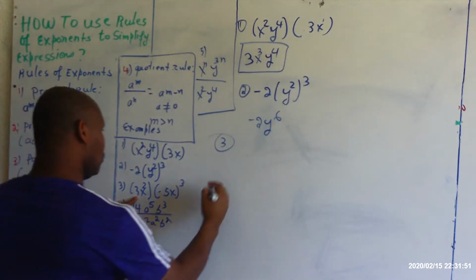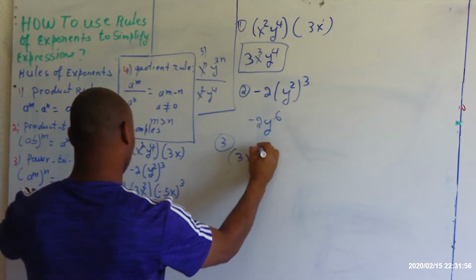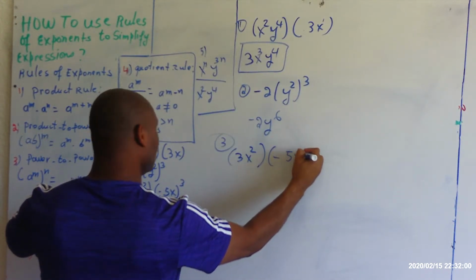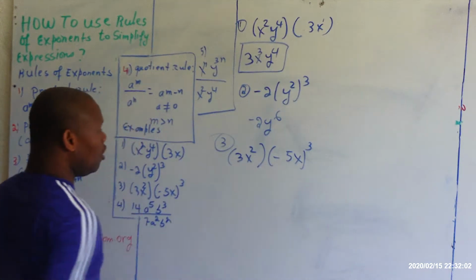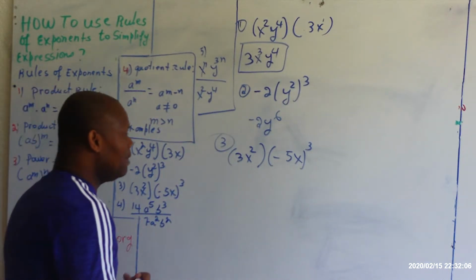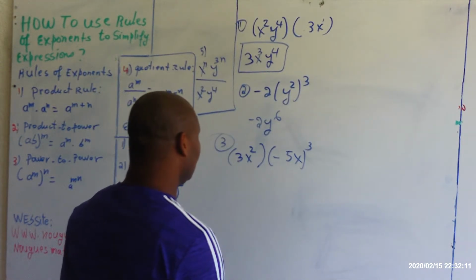Number 3, you will have 3x. Always be careful, always see what you have exactly before you start solving, before you start simplifying the expression.